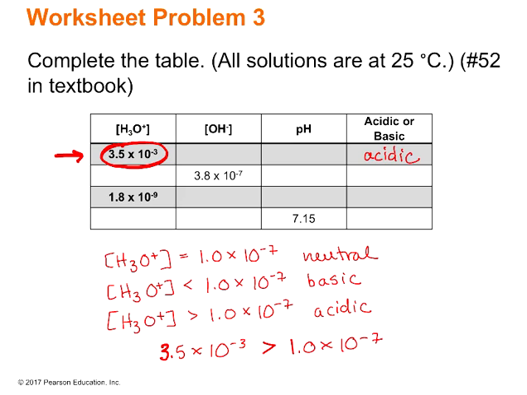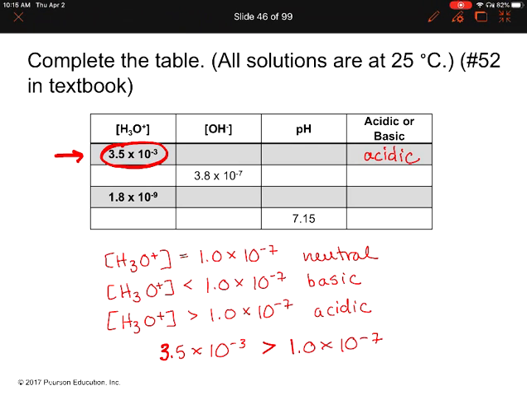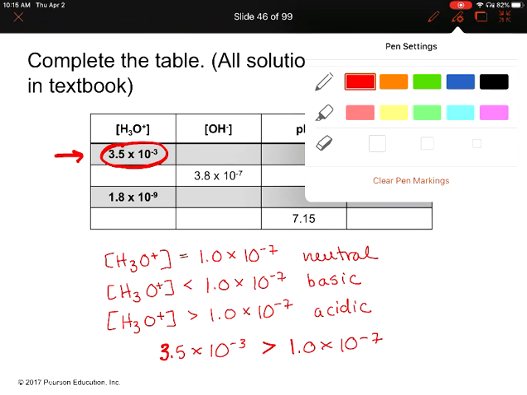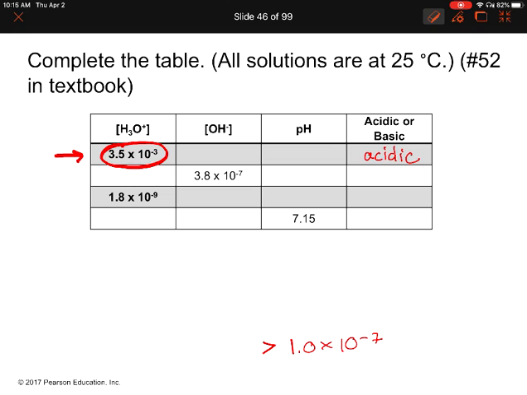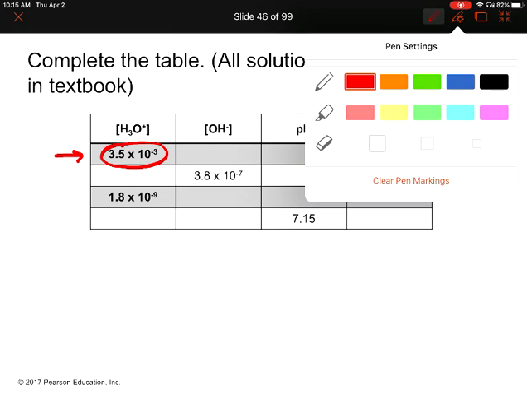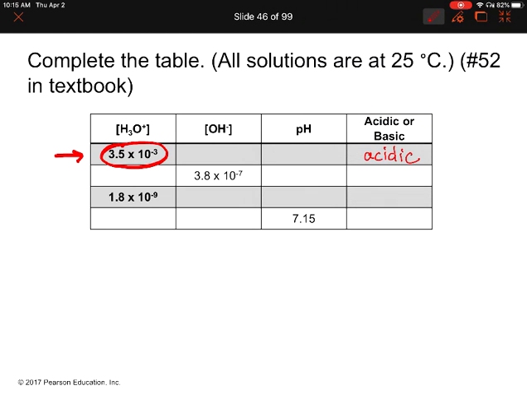But if that isn't quite as obvious, you could also go through the process of determining the pH value. So let's do that. Let's figure out what the pH is. Okay, so we said that pH is equal to the negative log of the concentration of hydronium ions.